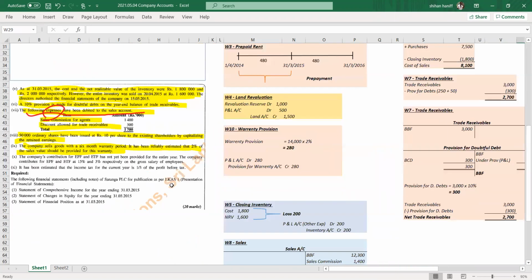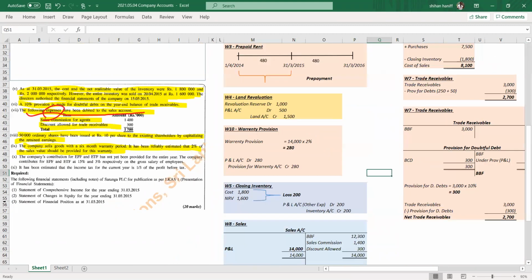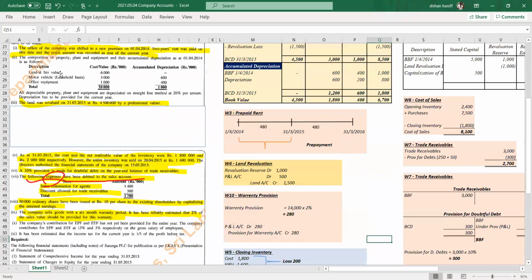Then we have EPF and ETF. The company's contribution for EPF and ETF has not yet been provided for the entire year. The company contributes EPF and ETF at 15% and 3% respectively on the gross salary of employees. Now you have to check for the gross salary.